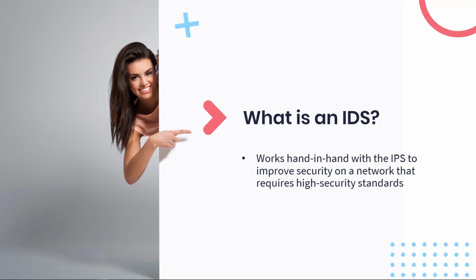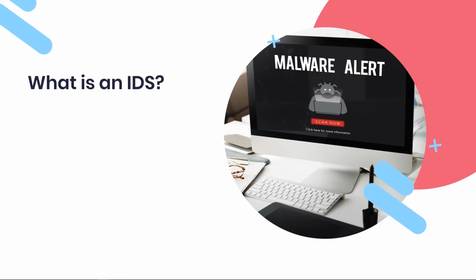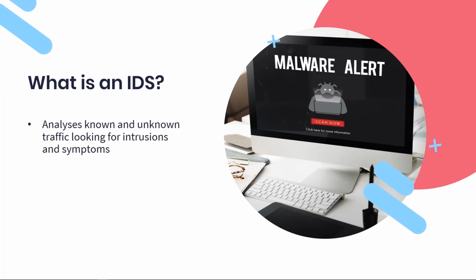An IDS can be physical hardware or virtual in the form of a software-based IDS, which monitors a particular network based on its configuration. An IDS analyzes known and unknown traffic, looking for intrusions and symptoms. When a violation on the network is detected, it is flagged in real time. So now you can see why you would need both an IPS and an IDS.